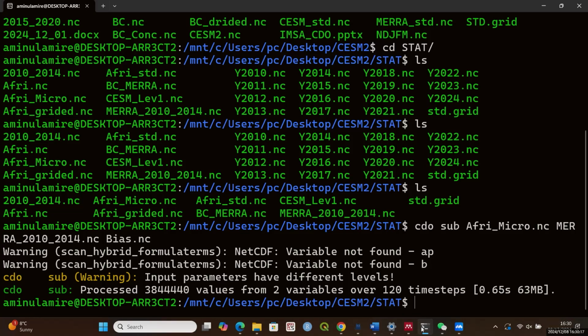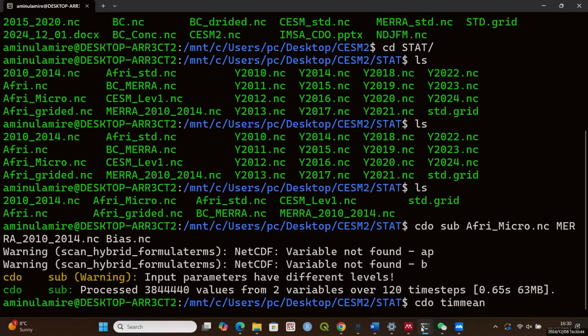In that book I sent you, everything is there. We will calculate the mean of the data that we generated from the previous step. So we do CDO timmean.